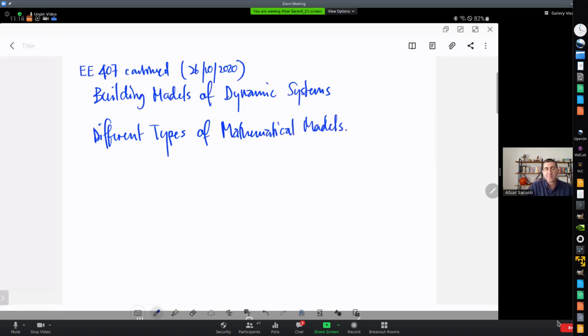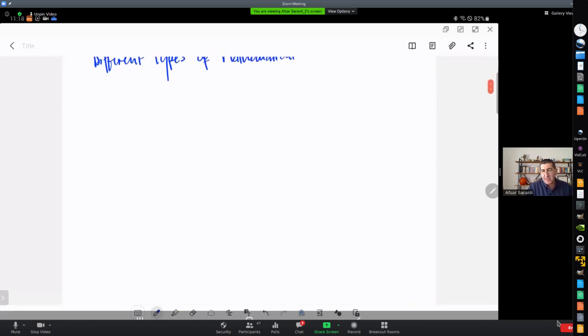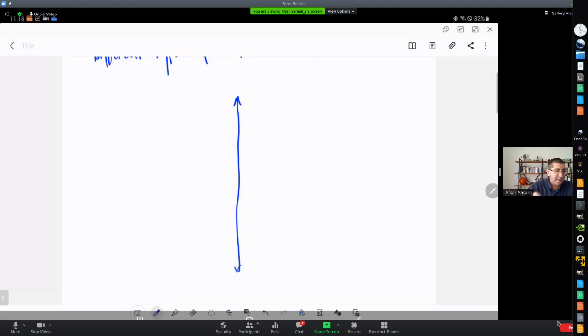I want to sketch a space of different systems. On the first axis, what I want to put down is static versus dynamic systems. Can somebody tell me what's going to be the difference between these two? Static models versus dynamic models.